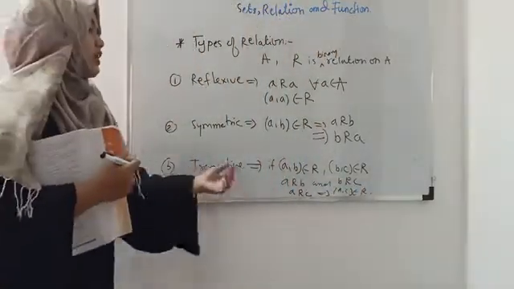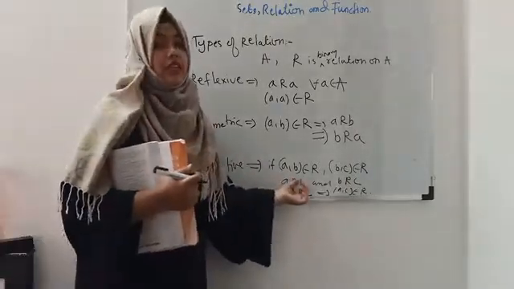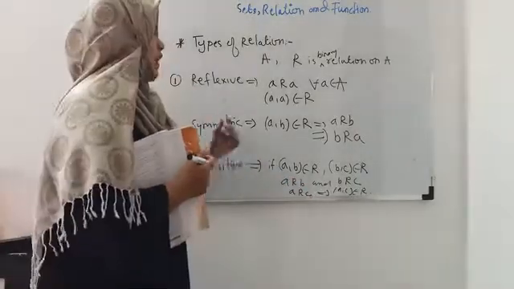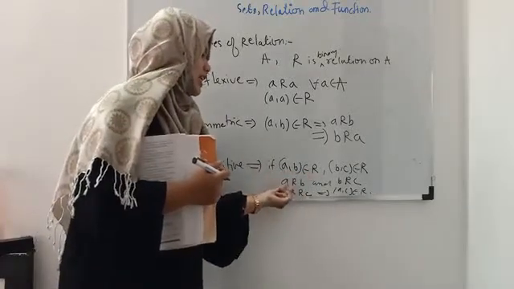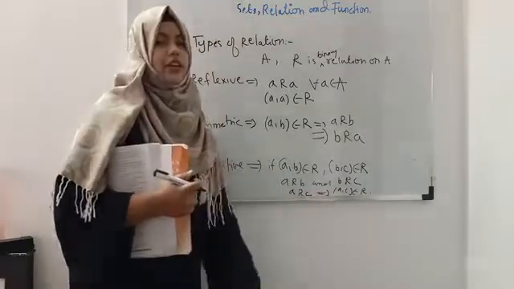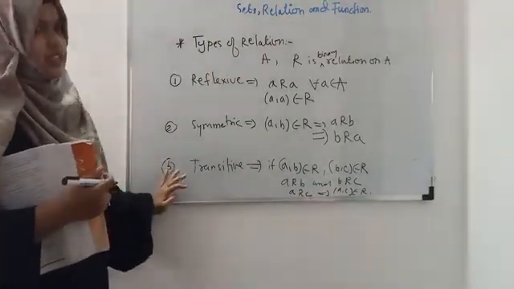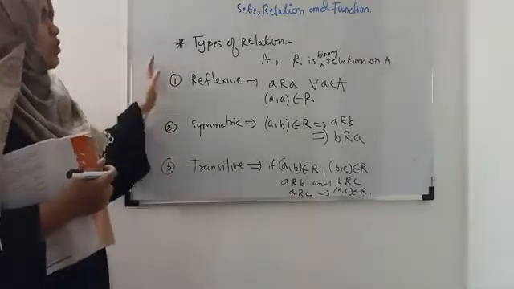Then only that relation is called transitive, and it should hold for each element in the set A. So first is reflexive, symmetric and transitive. These three are types of relation.